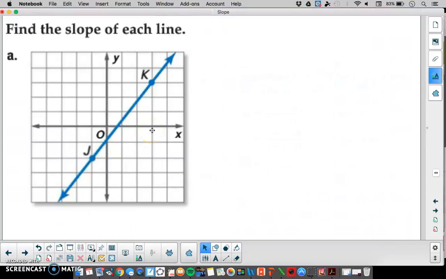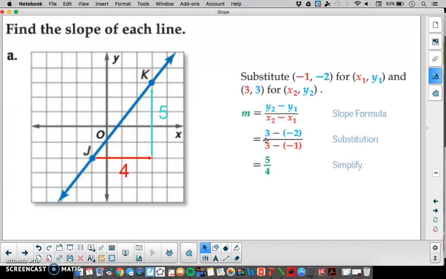Okay, we want to find the slope of this line. So I'm going to count my rise, and my run is 5 and 4. So from J over and up is up to K. If I did it by the formula, I would have negative 1, negative 2 is point J, and 3, 3 is point K, so I would plug those in. 3 minus a negative 2 is y2 minus y1. 3 minus a negative 1 is x2 minus x1.